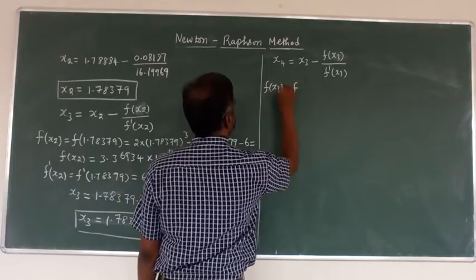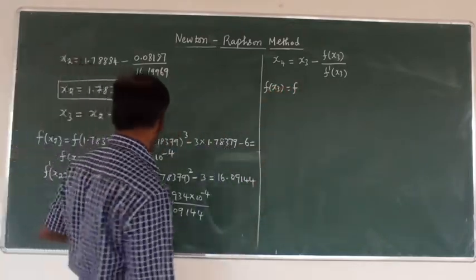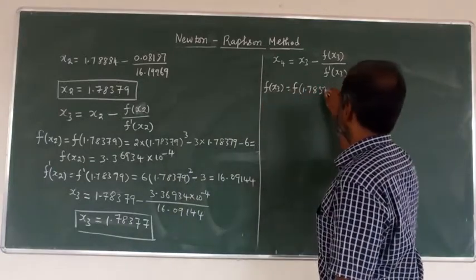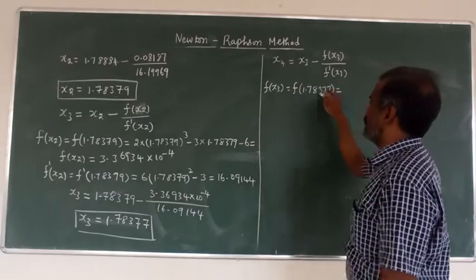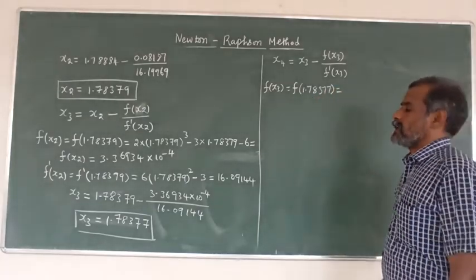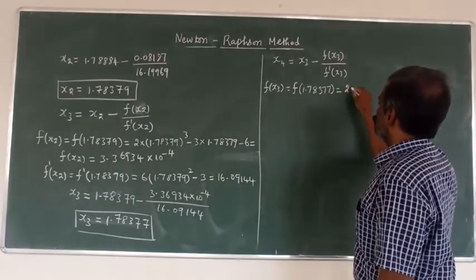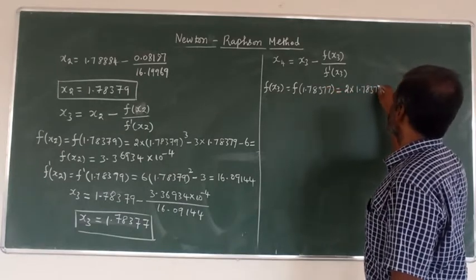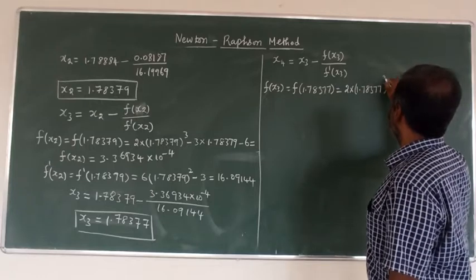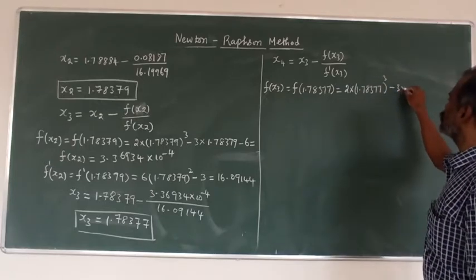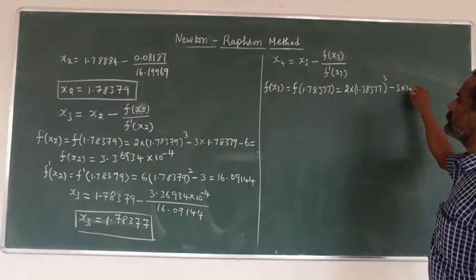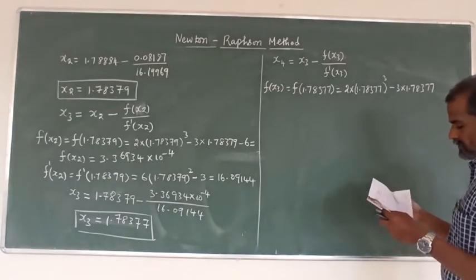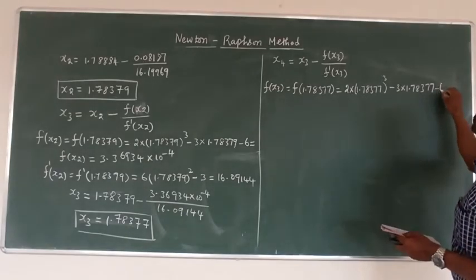The f of x3 value 1.78377, substitute in f of x: 2 into x value 1.78377 cube minus 3 into x value 1.78377, minus 6.